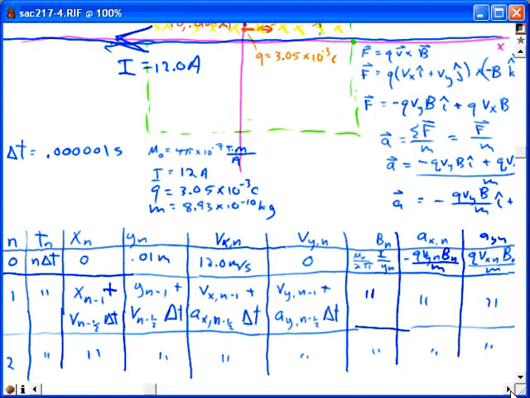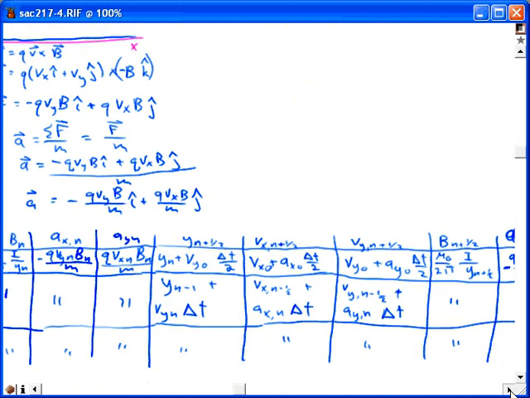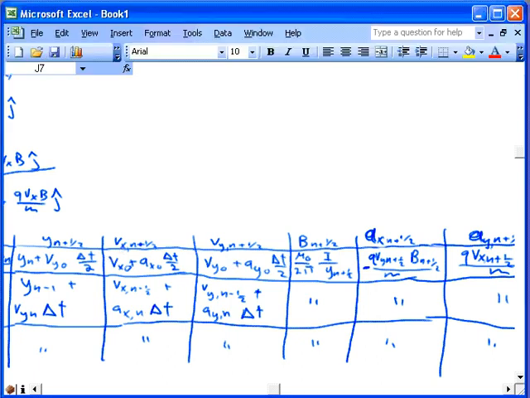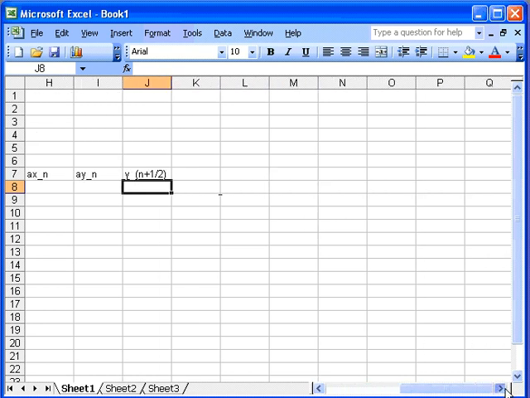So do this part of the table. Just did a y, I didn't need the x, and then the two v's, the b's, and the a's. So y sub n plus a half, and I'm going to try just copy this thing.